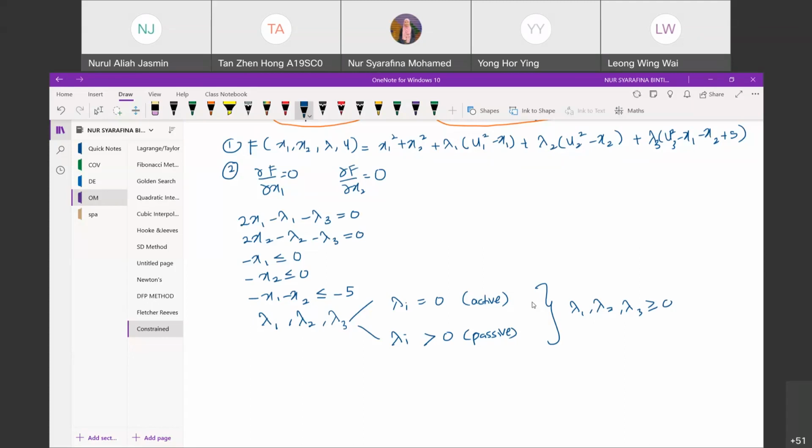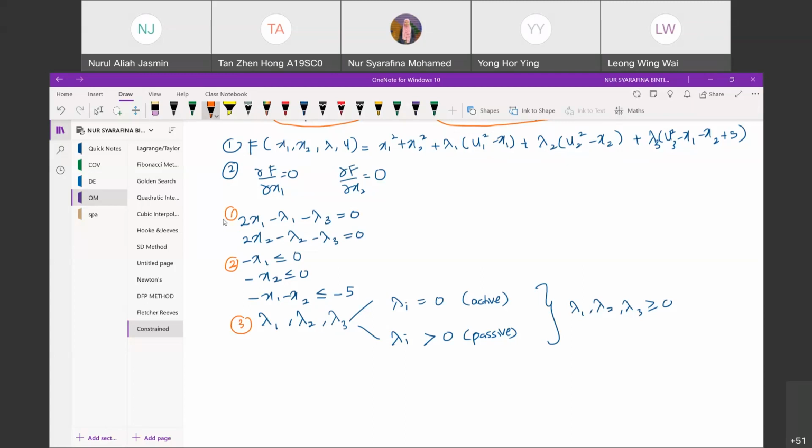No question. So these are actually the Kuhn-Tucker conditions. We have del F del X1, del F del X2 equals to 0, then the constraints themselves, and then the value of lambda. We need to consider all of this as your Kuhn-Tucker condition. If you are asked to write down the Kuhn-Tucker condition to fulfill the minimum or maximum point, this is it.